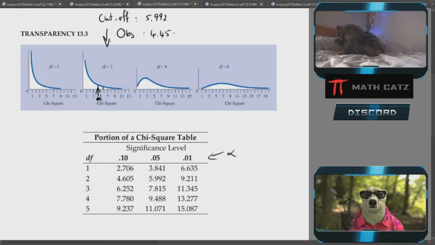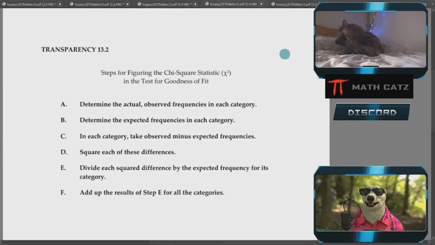So let's look at another example just to make sure we understand the procedure through calculating our chi-squared statistic, where we get the observed frequencies that are given in a question, or we do a survey ourselves.